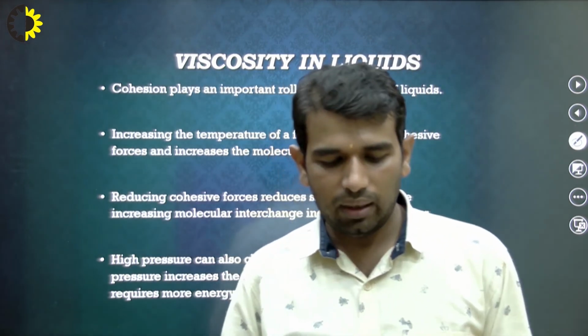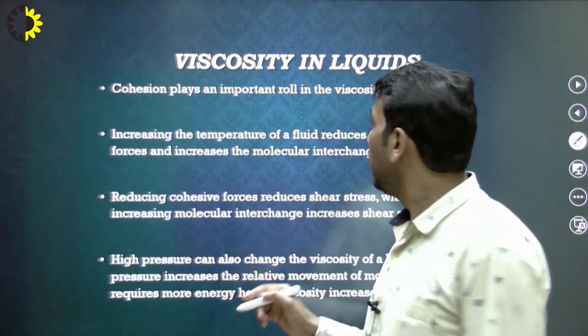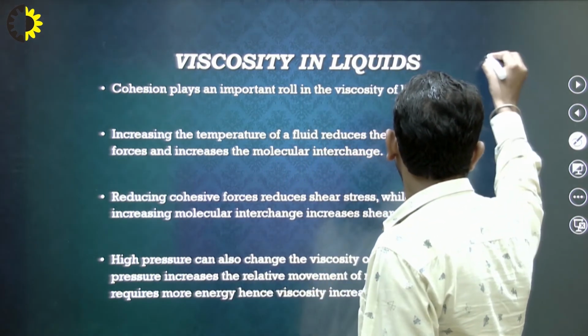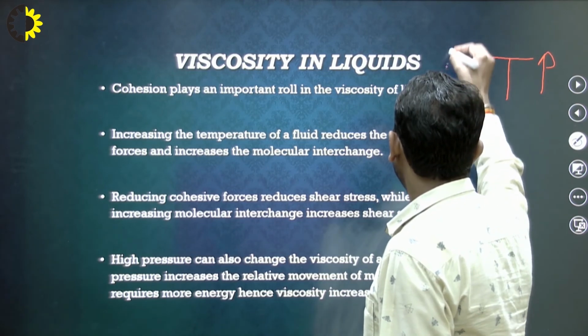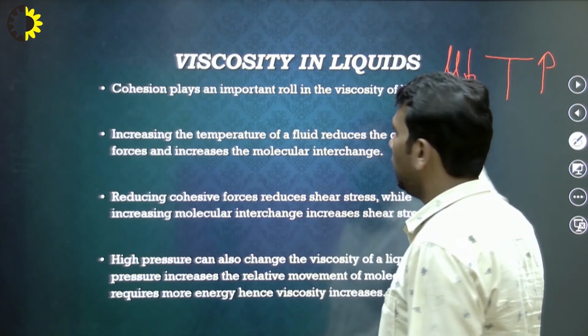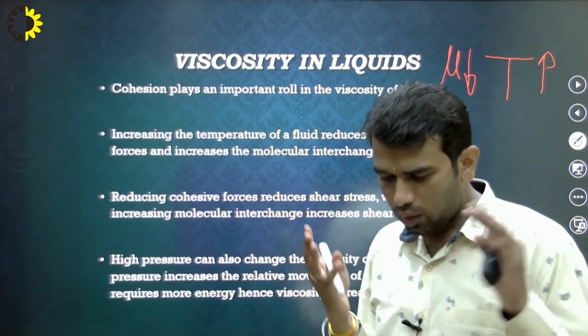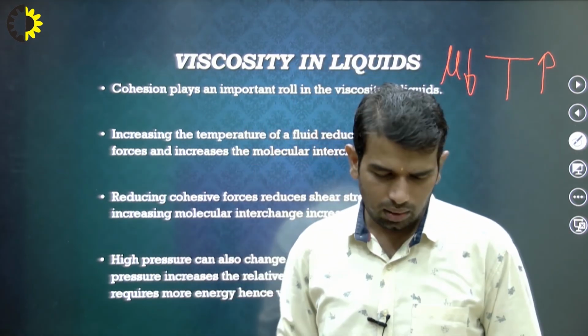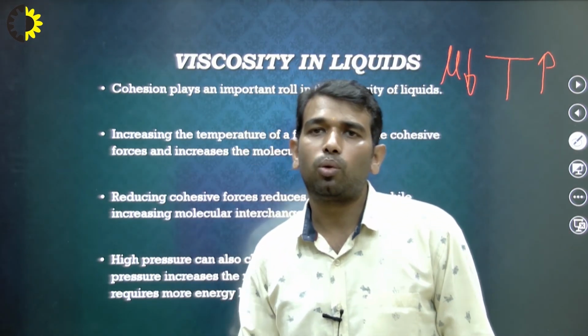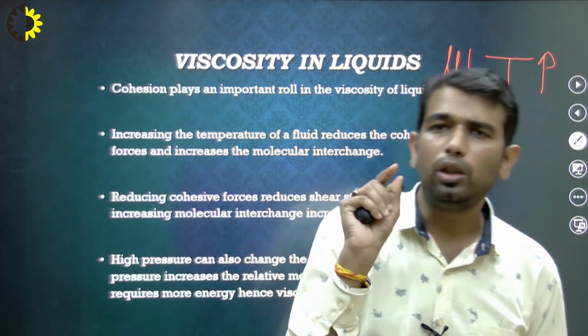So what happens to the viscosity of a liquid with temperature? If you increase the temperature in a liquid, the viscosity simply starts reducing, because the cohesion force starts reducing. A very common example: when you have to clean your cloth, you use hot water.